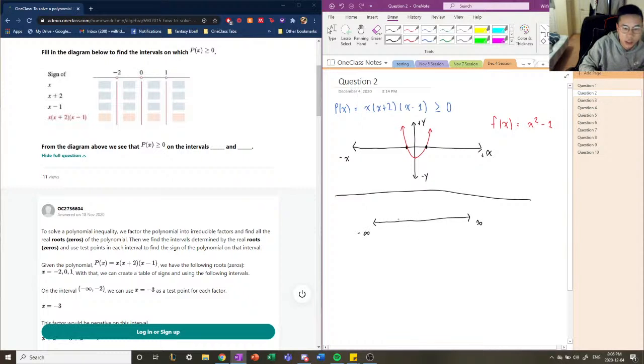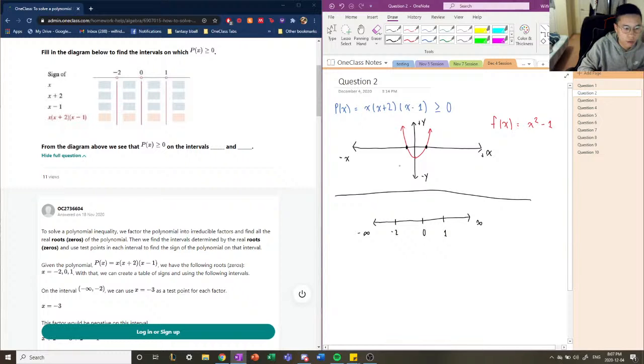So we'll have our first 0 of negative 2, our second 0 of 0, and our third 0 of 1. These are not drawn to scale, but we know for a fact that based on our polynomial, which is already factored irreducibly, we have zeros of 0, negative 2, and 1.